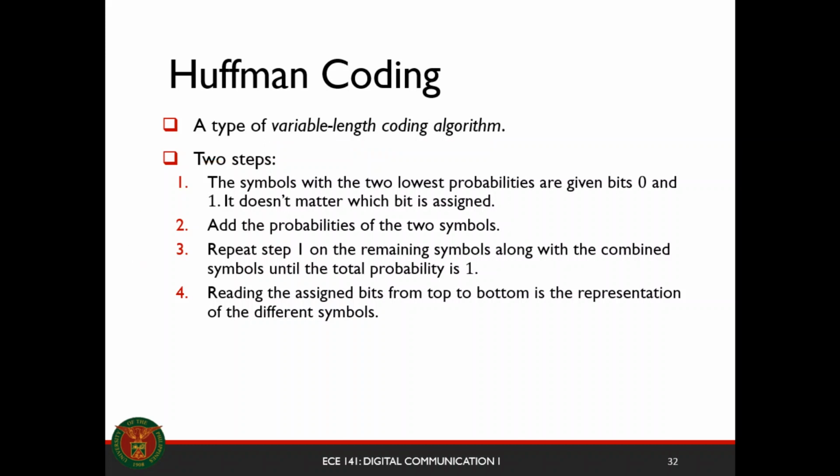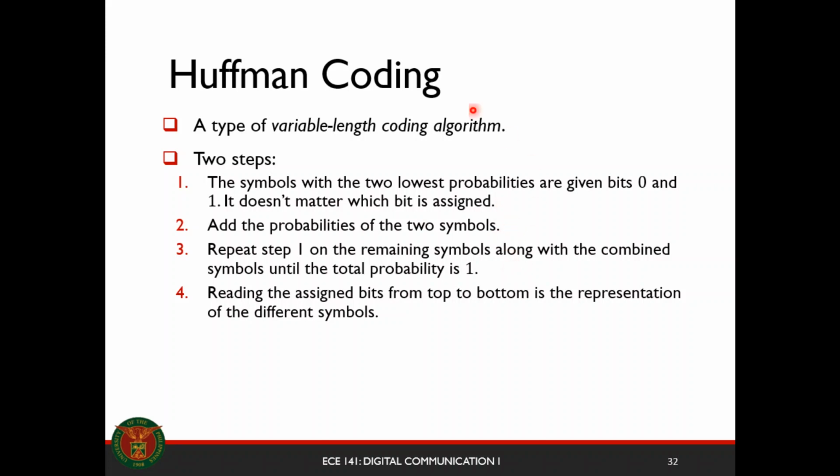You get the 2 symbols with the lowest probabilities and assign a bit to them, 0 and 1. It doesn't matter which of them is bit 1 and which is bit 0. You add the probabilities of these 2 symbols and you get a super symbol.